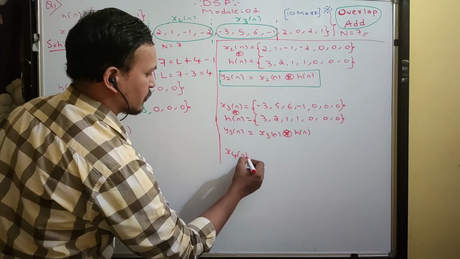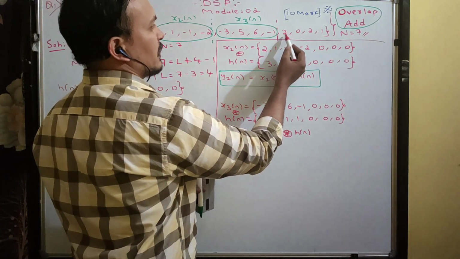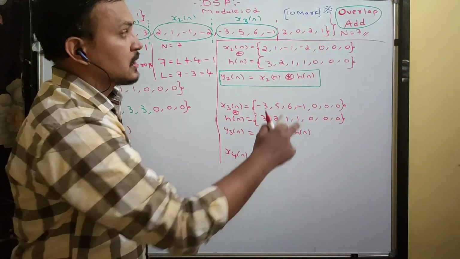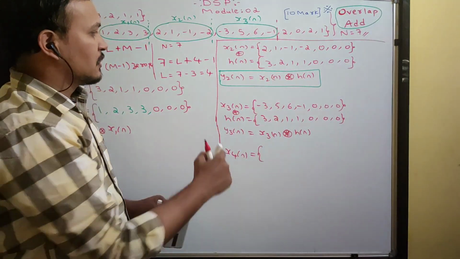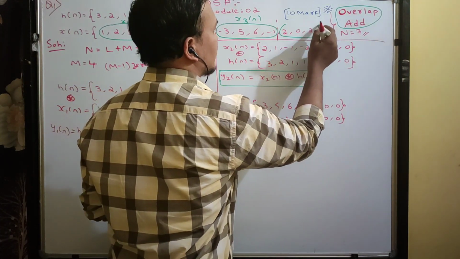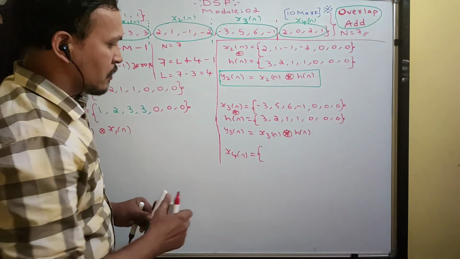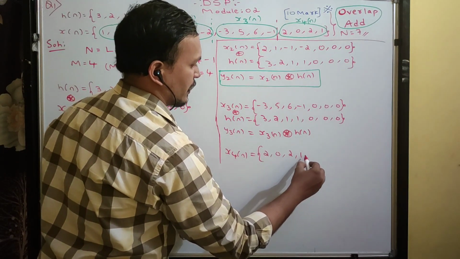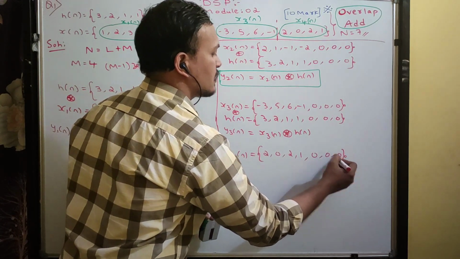Next you take another input, x4 of n, because still some more samples are there. Next step, the remaining 1, 2, 3, 4. Exactly 4 samples are there. If it had only 3 samples, then you should add one more 0 to get the block length 4. Got it? So this is your next sub input, x4 of n. Write this: 2, 0, 2, 1. How many zeros should I add? 3 zeros, M minus 1 zeros.